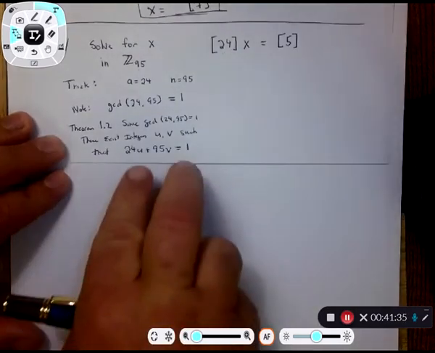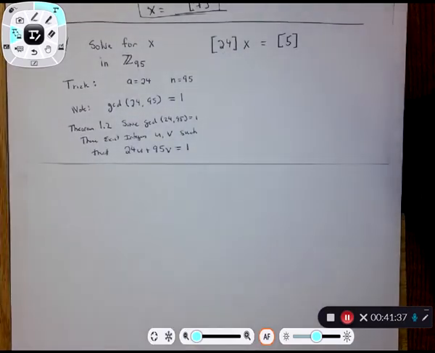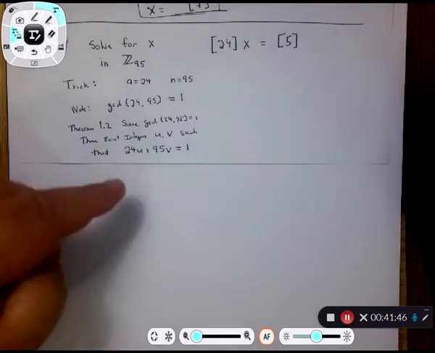These u and v are not necessarily unique. I'm pulling some old stuff as we continue to add on material. So with Theorem 1.2, when I have a GCD, I can write an equation off of it.